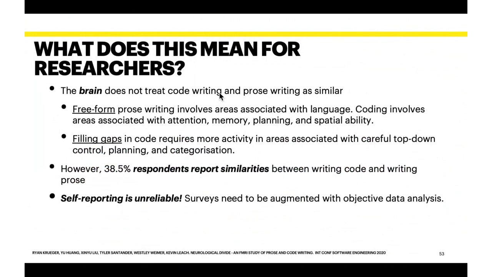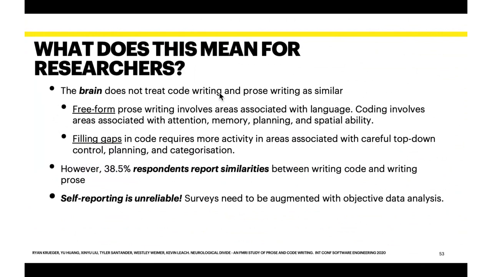Weirdly enough, during the post-experiment survey, respondents tended to report similarities between writing code and writing prose. So essentially, our brain tells a different story than the respondents themselves. The authors conclude that the self-reporting is essentially unreliable, and this is the most important message of the study to researchers.